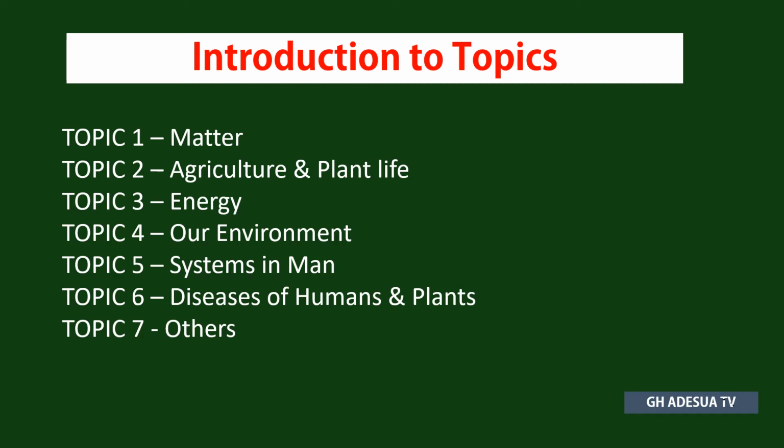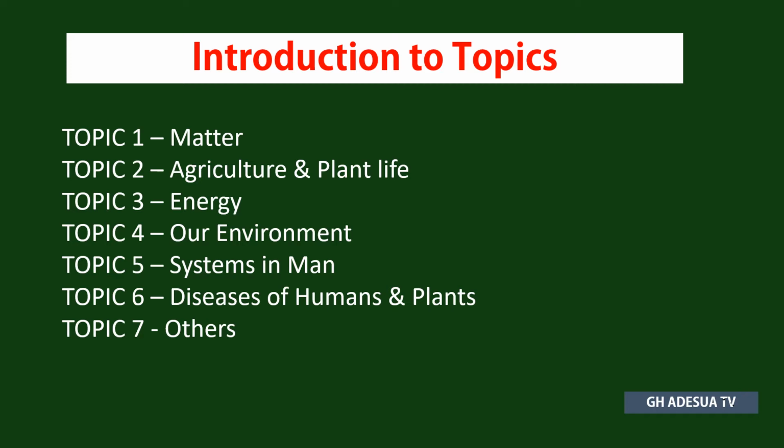We'll talk about the respiratory system, how you take in oxygen, how you're able to break down food, respiration, how you're able to obtain energy from it. We'll talk about digestion, etc., etc. Then we'll talk about diseases. We'll pick diseases of humans, how they are acquired, how they can be prevented.